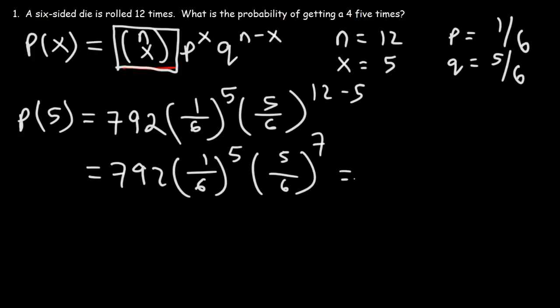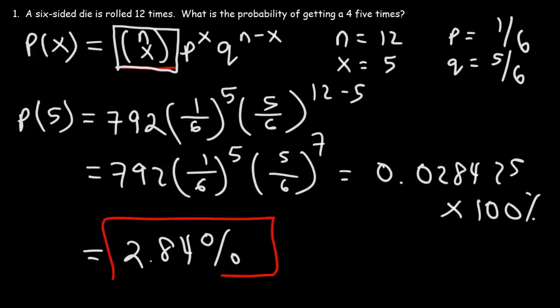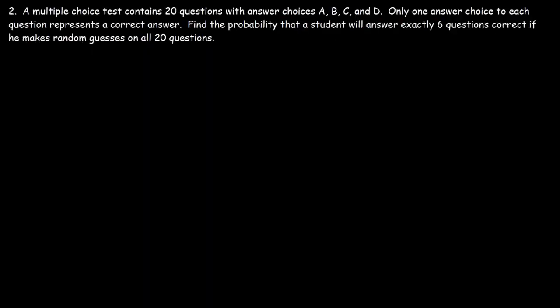Just type it exactly the way you see it. And so you should get 0.028425. If we multiply that by 100%, we're going to get approximately 2.84%. So that's the probability of getting a 4 5 times if we roll a 6-sided die 12 times.